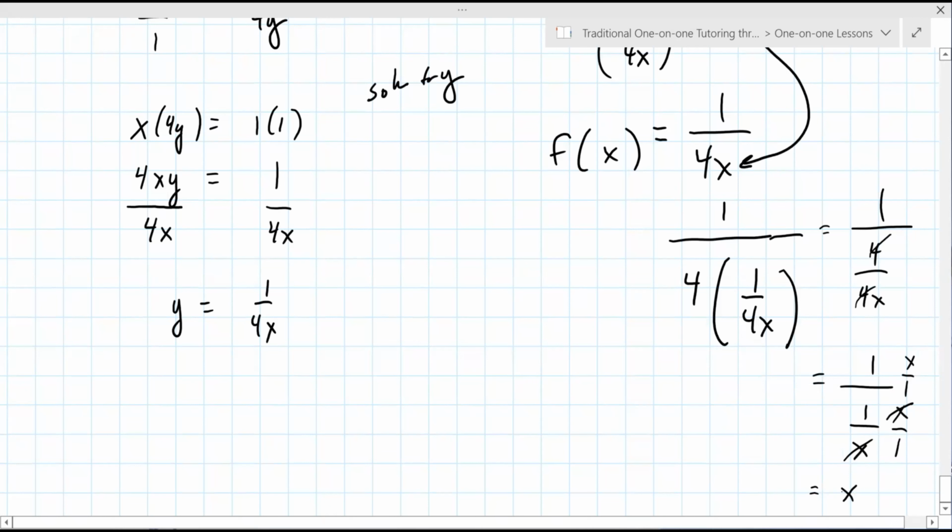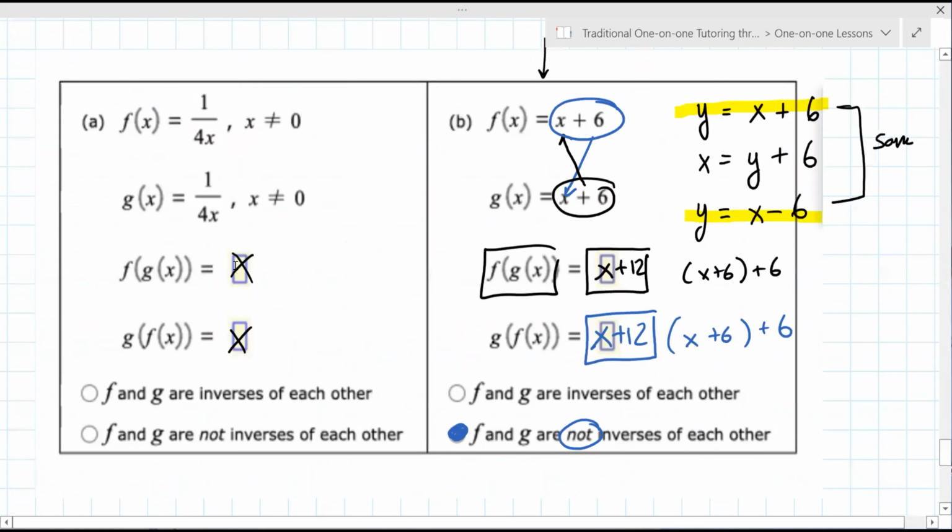If you didn't get all that, that's okay, we're all going to get it. The shortcut is that in most of these, one is going to be the inverse of the other. When they're inverses, the composition is x.